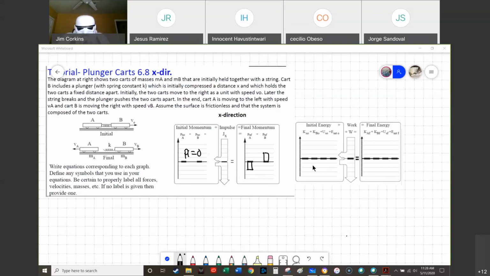Okay. Now, let us go with the energy part. Well, we will finish up the equation for the momentum. The reason why the impulse is 0 in this case is because the forces are equal and opposite.